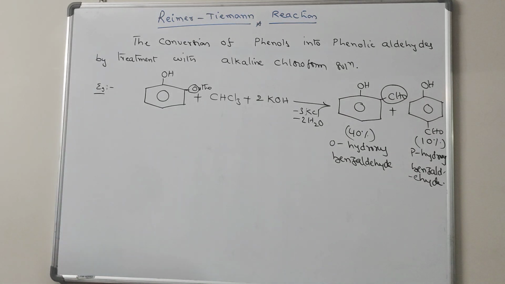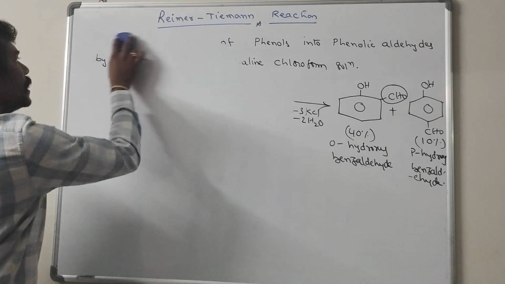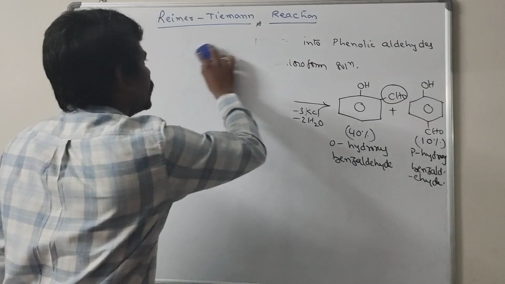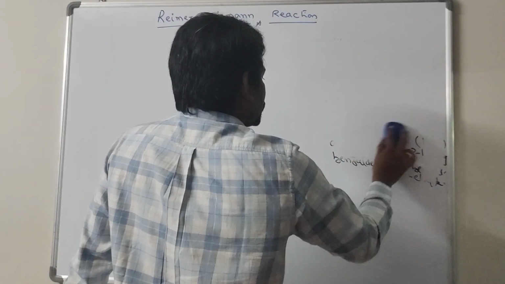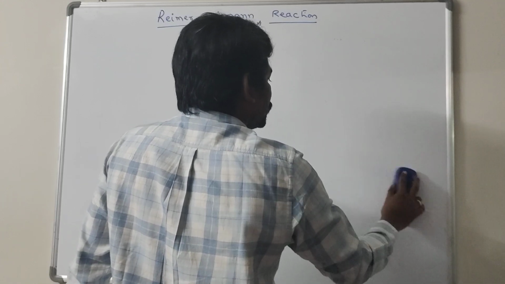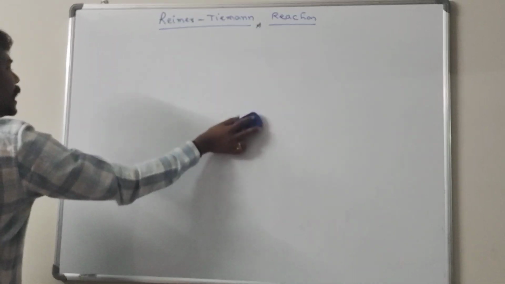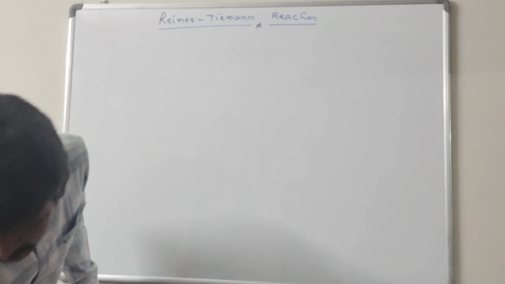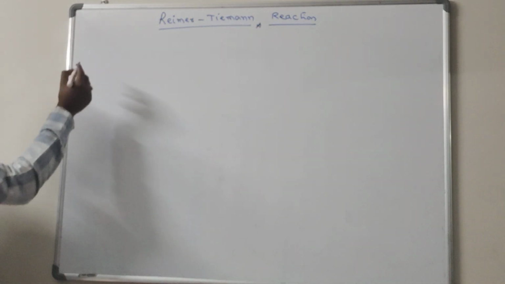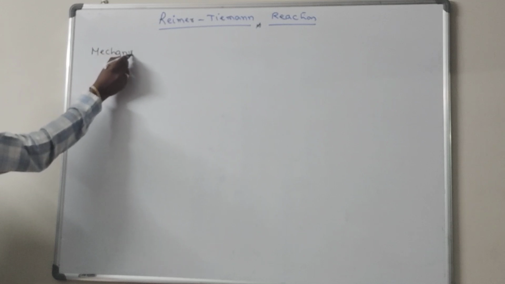So let us see the mechanism of this reaction. From alkaline chloroform solution, we first get CCl2, dichlorocarbene. This is the attacking species on phenol.